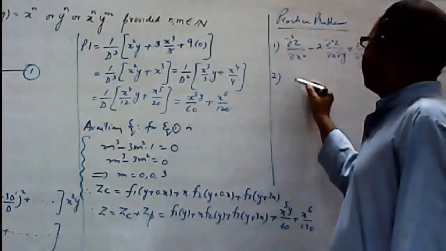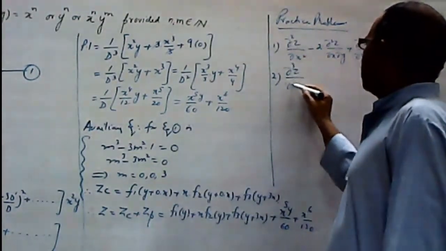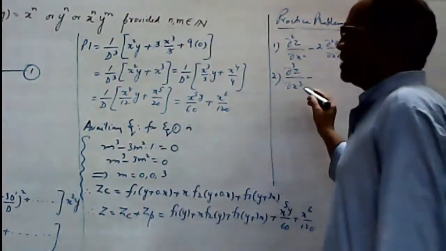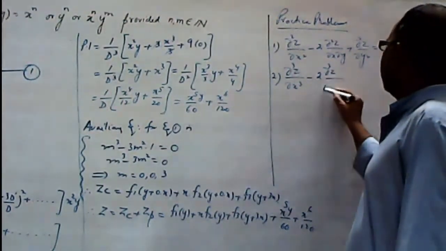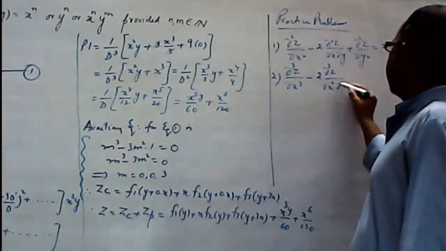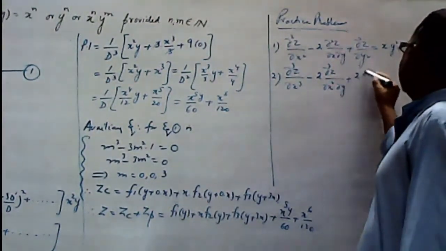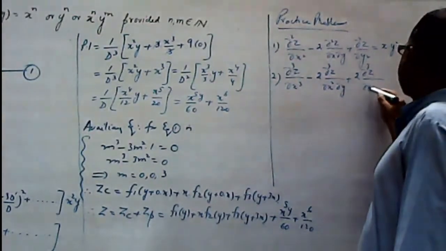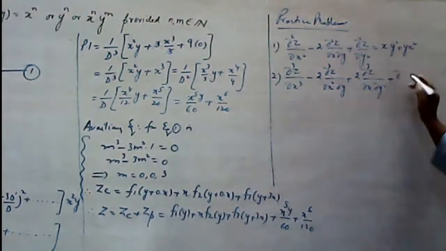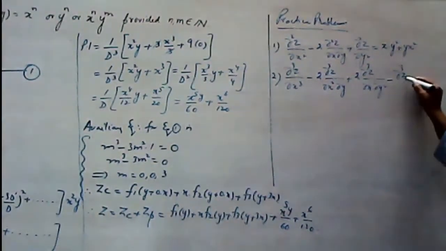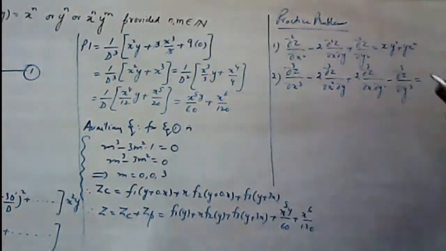Number 2, partial 3z over partial x cube minus 2 partial 3z over partial x square partial y plus 2 partial 3z over partial x partial y square minus partial 3z over partial y cube is equal to x cube plus y cube.